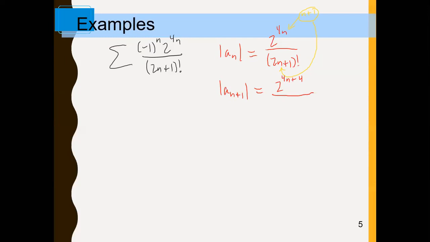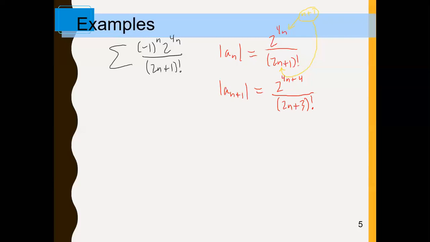And what's that going to make? 2n plus 2 plus 1, which is 2n plus 3. Make sense? And then I stare at a_n and I say, okay, essentially I just have 4 extra 2s. Yes? Okay, so let's think about this carefully.